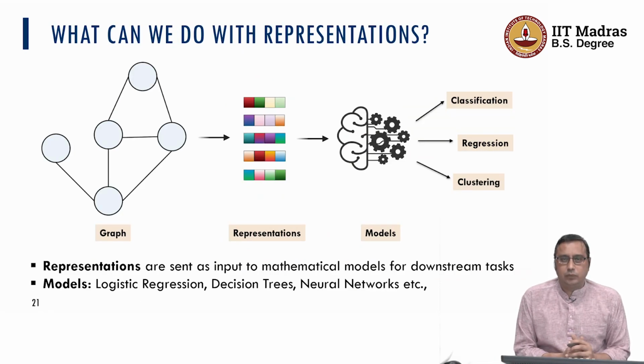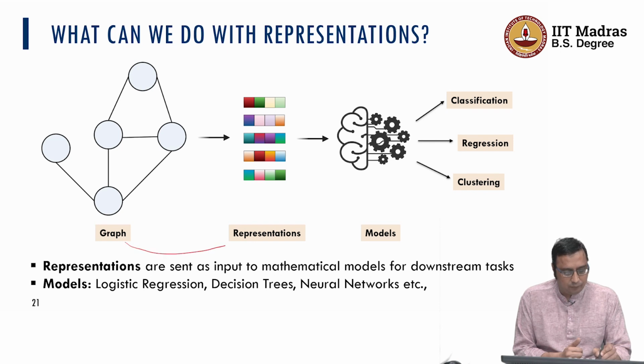So what can we do with the representation and embedding is the question. Representation basically allows us to represent the graph as a vector. It can be a complete graph as a vector, or each node in the graph as a vector.